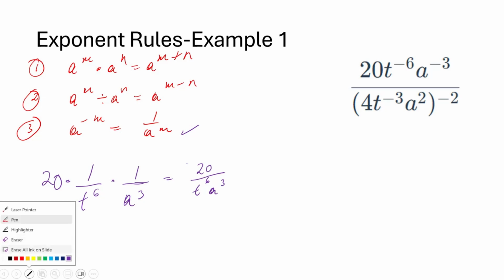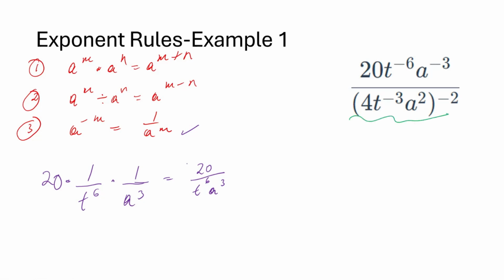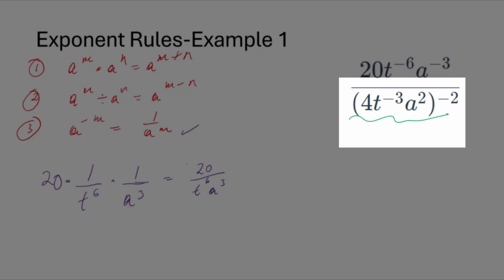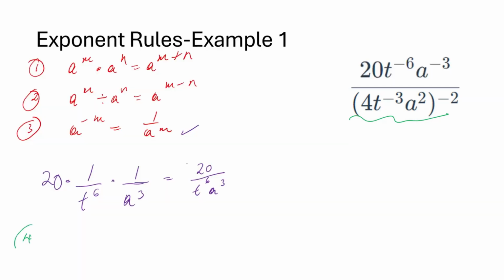To focus on the bottom, let's switch my colors. We're going to look now at this. If you recall, there's a fourth rule here that's going to help us. If I have a to the m, to the n, this is going to be a to the m times n.